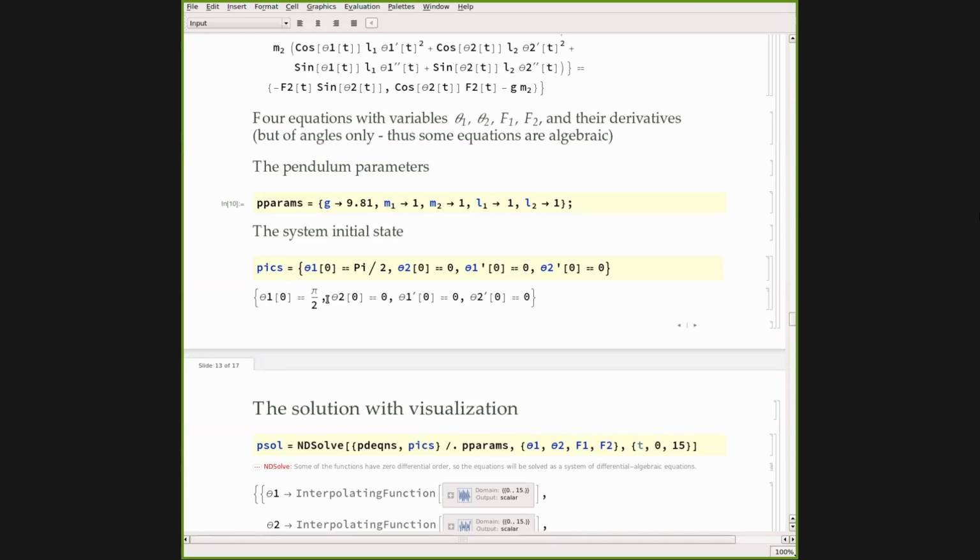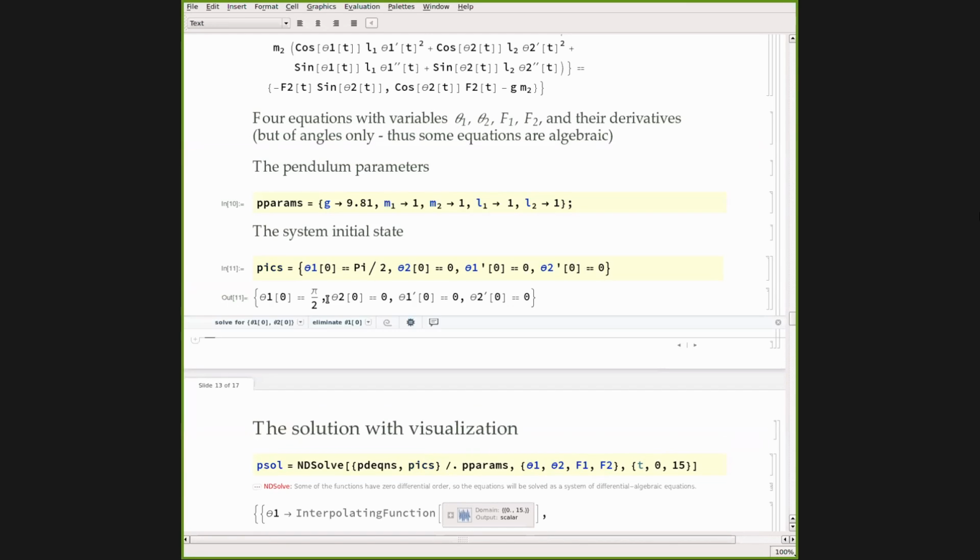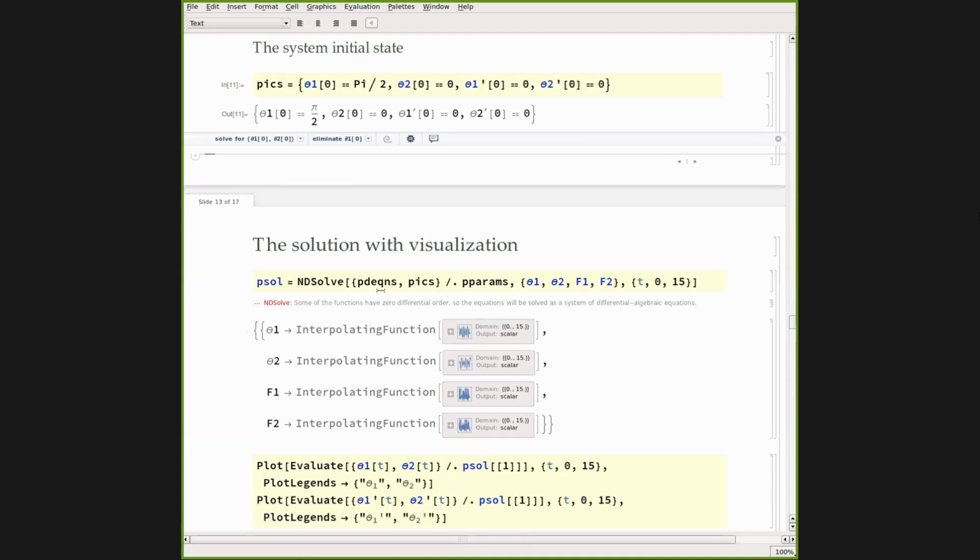So now we have these three elements with which we can work. We will use the NDSolve function.